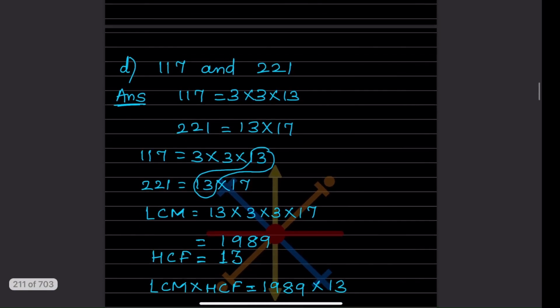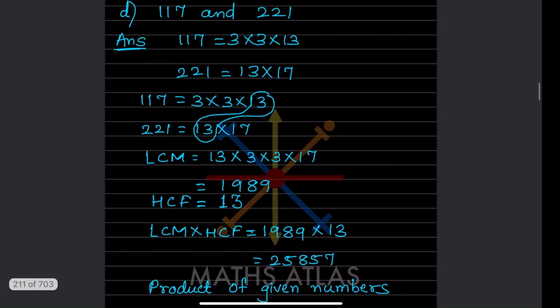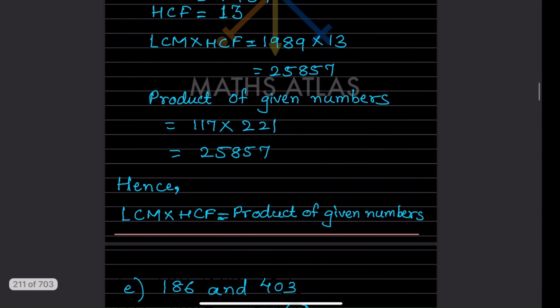Again here, you can use the prime factorization method as well if you want for these numbers. You can try that one. These are the factors of it. So see here the common is, and the LCM is 1989. So when you multiply, you get the product of numbers. These are the numbers given. So when you multiply again, you get the same.